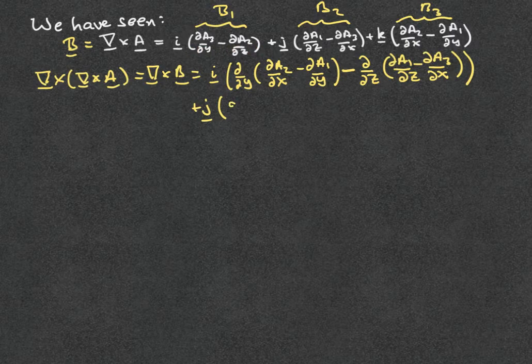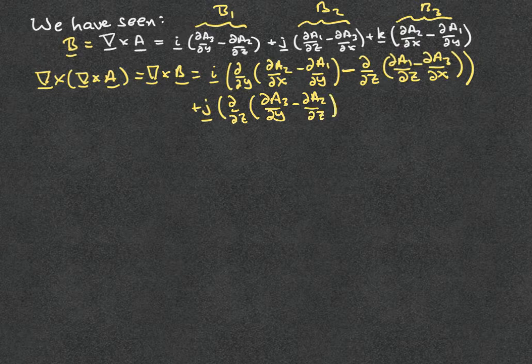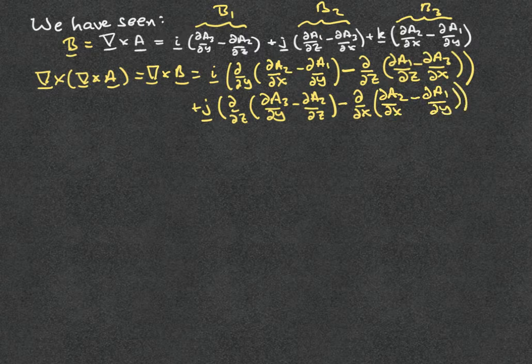So what we obtain is d by dz of dA3 dy minus dA2 dz, minus, and then the next term is d by dx acting upon, now it would be B3, and this is B3, so we just write it down, dA2 dx minus dA1 dy, close brackets.